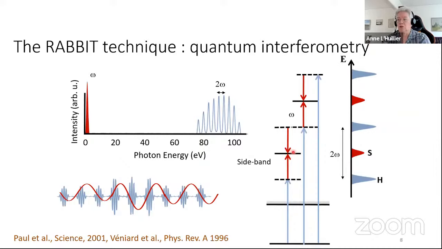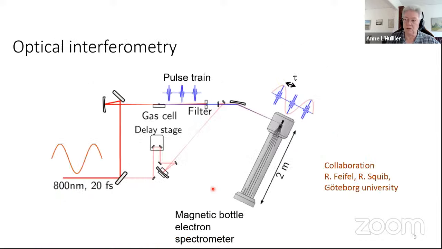Now to see interference, you need to vary something in one of the arms. And what we vary here is the time delay between our attosecond pulse train and the infrared laser field. We do that in an optical interferometer, such as the one shown here. This is a Mach-Zehnder type of interferometer.